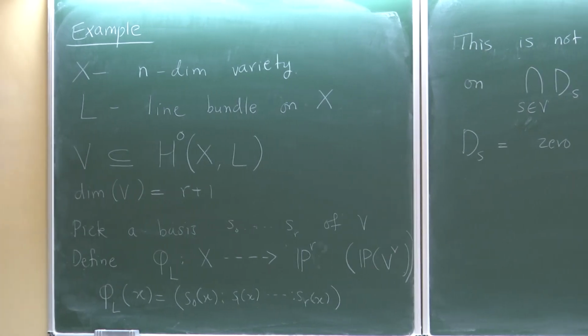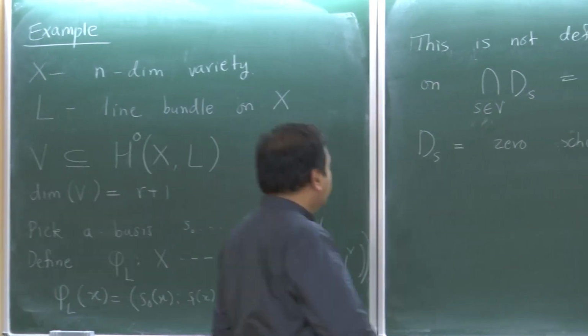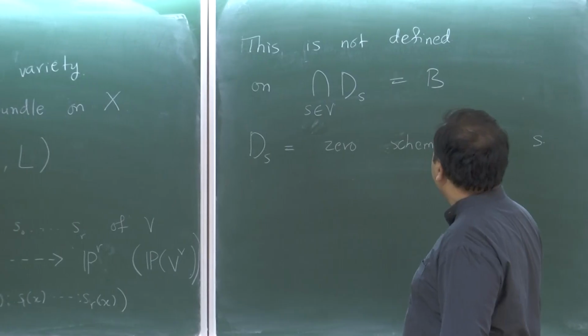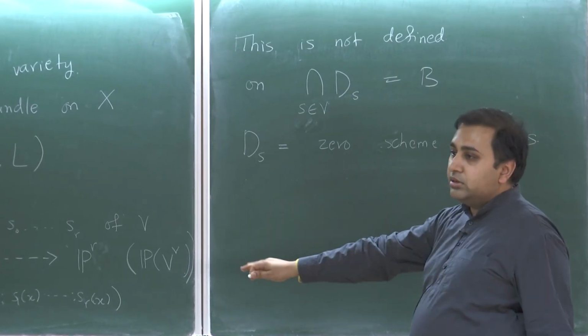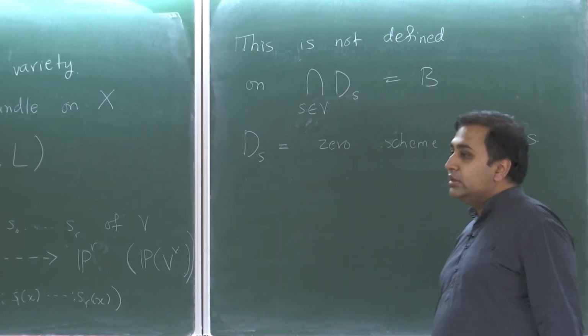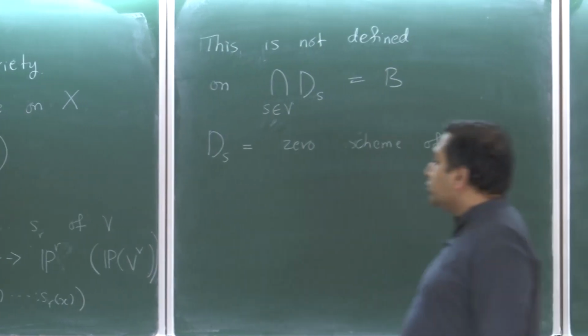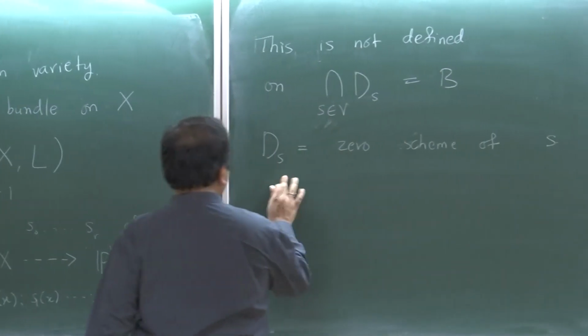Now I suppose you will have seen that you can resolve the indeterminacies of the map. Basically what you can do is blow up.